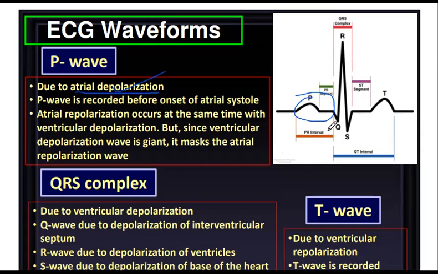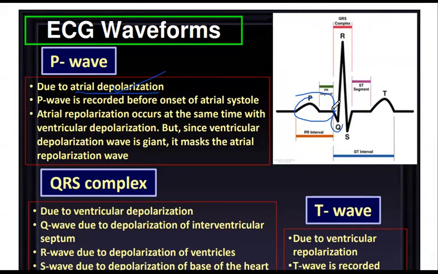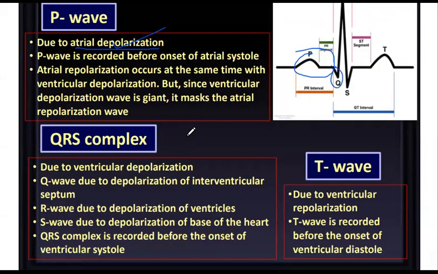Now we have QRS. You have to remember each one well. When will Q occur? Q is the beginning of contraction, as I told you. R is when the heart is forcefully contracted. S is when the contraction is going from beginning to ending.